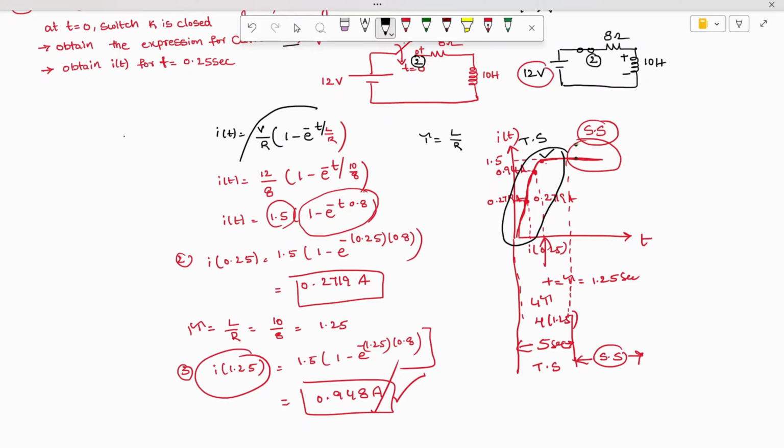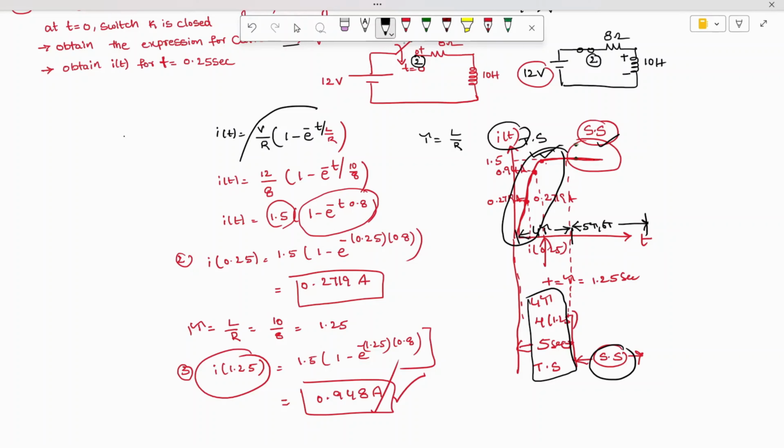This is how to draw the expression of i(t). The transient state is available for a time of 4 times the time constant, and the steady state is available after t equal to 4 tau, that is, more than 4 tau, 6 tau and so on.